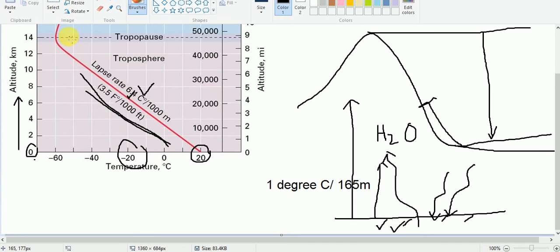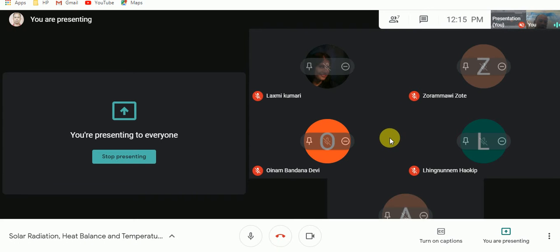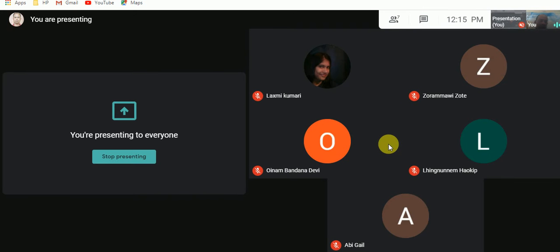At about 14 kilometers from the surface, temperature is around minus 60. So in this way, temperature is decreased as we climb up a mountain, and that is why Zanbi Mao is colder than Churchandpur, because Zanbi Mao is higher in altitude than Churchandpur.